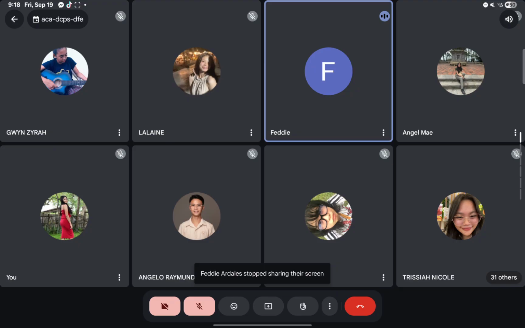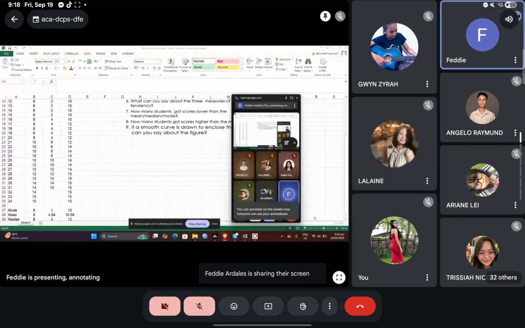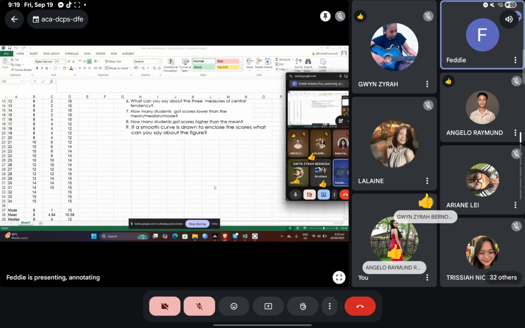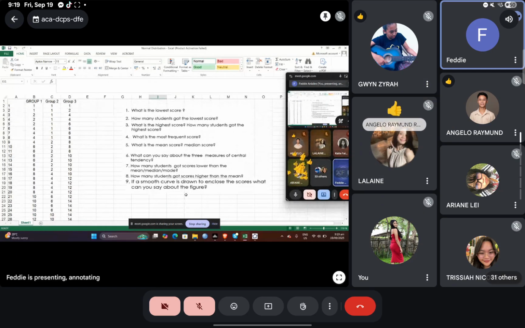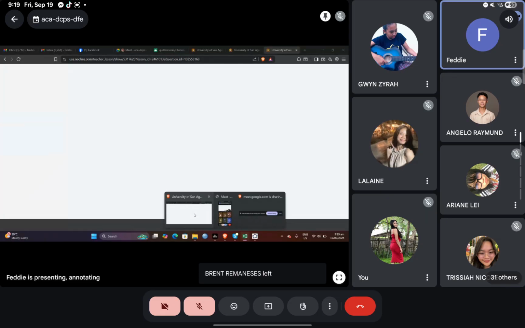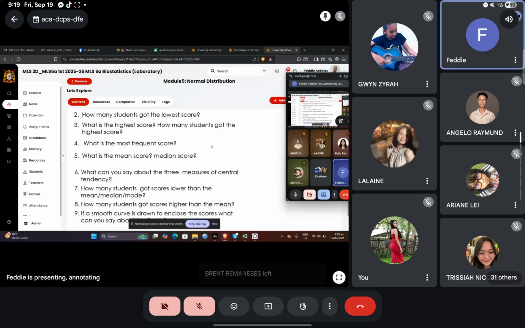I'll present my screen. Let me know if my screen is visible. Okay, thank you. Now, this is the data from our NEU here. I just transferred this for us to easily determine and differentiate.